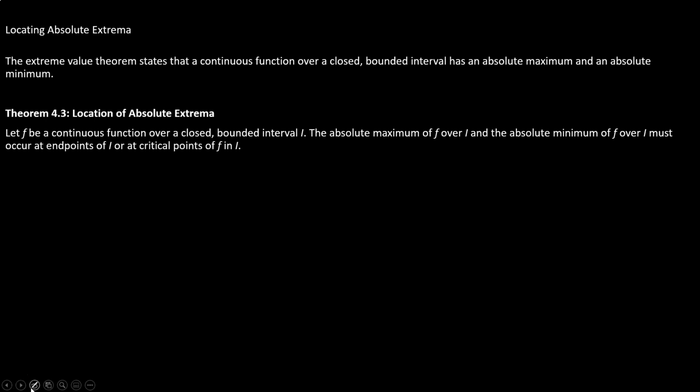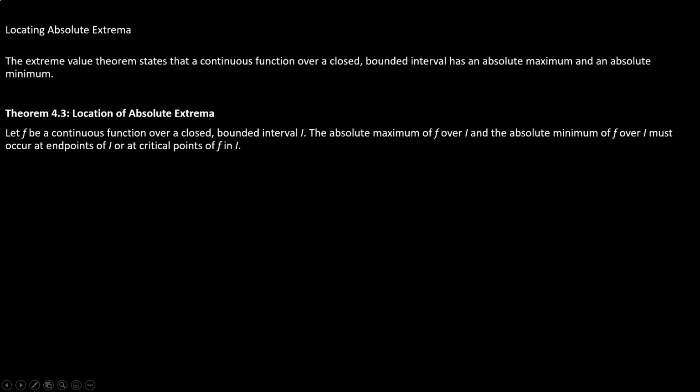So our next theorem for location of absolute extrema says, let's talk about a function f that's continuous over a closed bounded interval I. Then the absolute maximum for this function either comes from the endpoints of the interval, so the left side or the right side of the interval, or the maximum or minimum will come from the critical points.